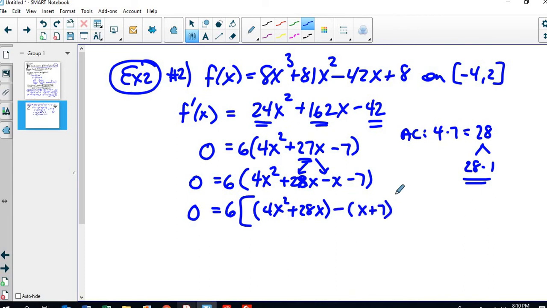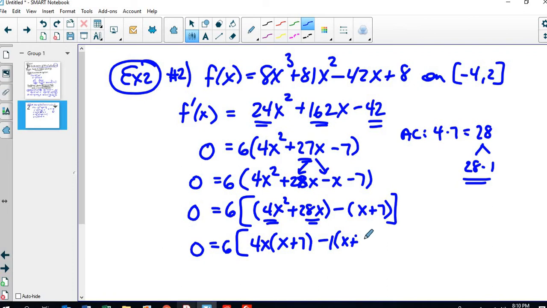Remember, if you take the negative out front, it becomes a plus. Here I've got a 4x and a 4x in there, and so I can factor those out. Take out the 4x, x plus 7 minus 1 times x plus 7, and so you end up with 6 times 4x minus 1 times x plus 7.